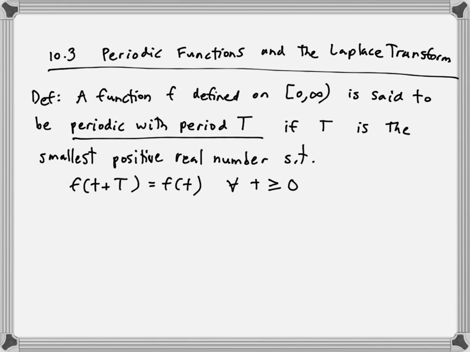So another way of saying this is something is periodic with period T if the graph just keeps repeating itself, and one full cycle, we call that a period, is of length capital T. It's the smallest positive real number that works.